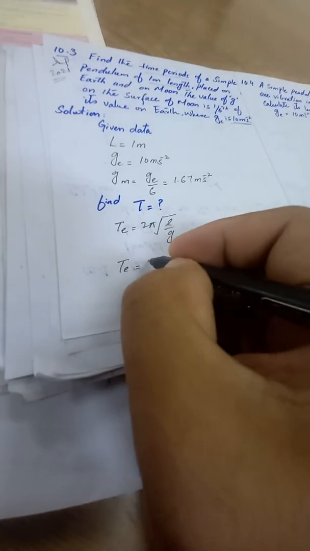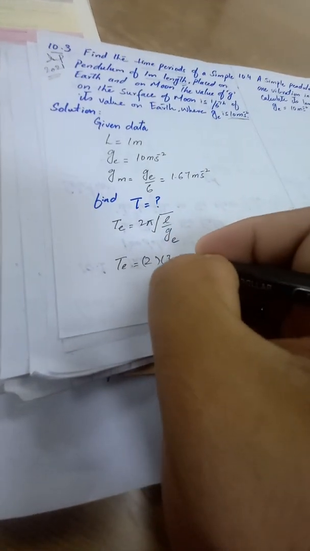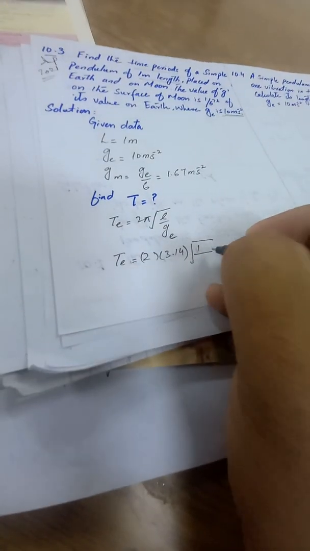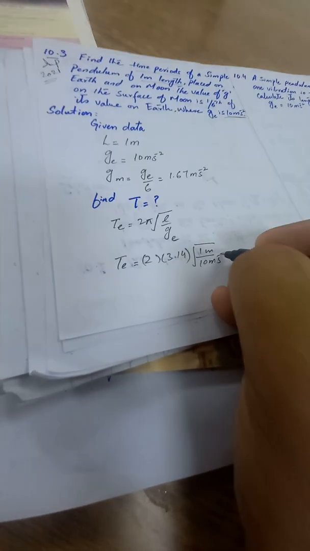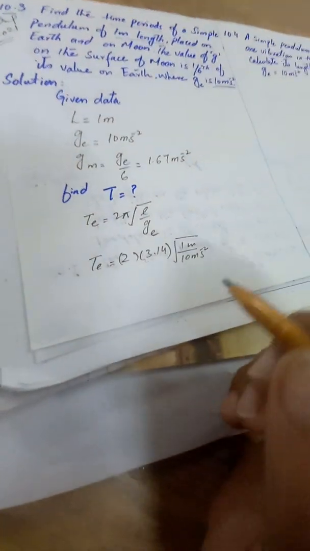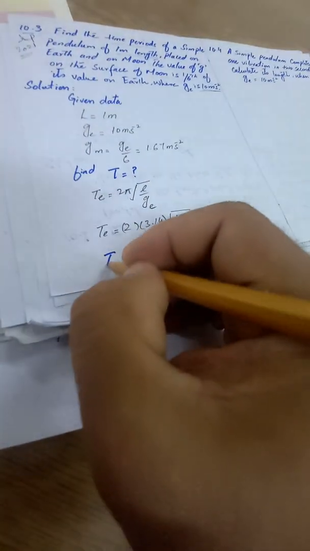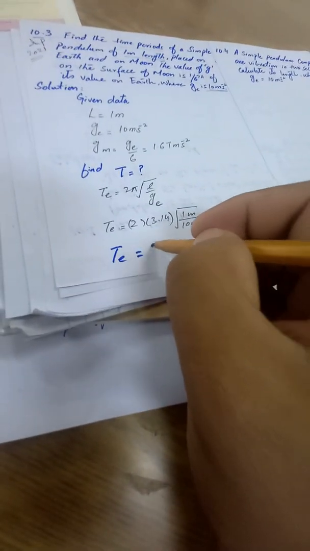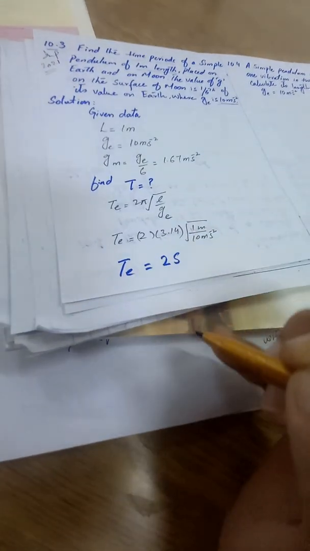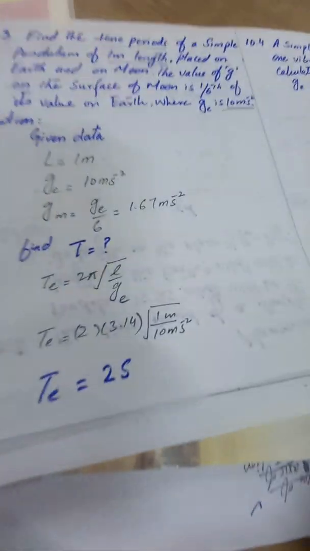After putting the values, we get T_E equal to 2 into 3.14, L is 1 meter and g is 10 meter per second square. After calculating this, we get the time period on the surface of the earth for 1 meter length is 2 seconds.